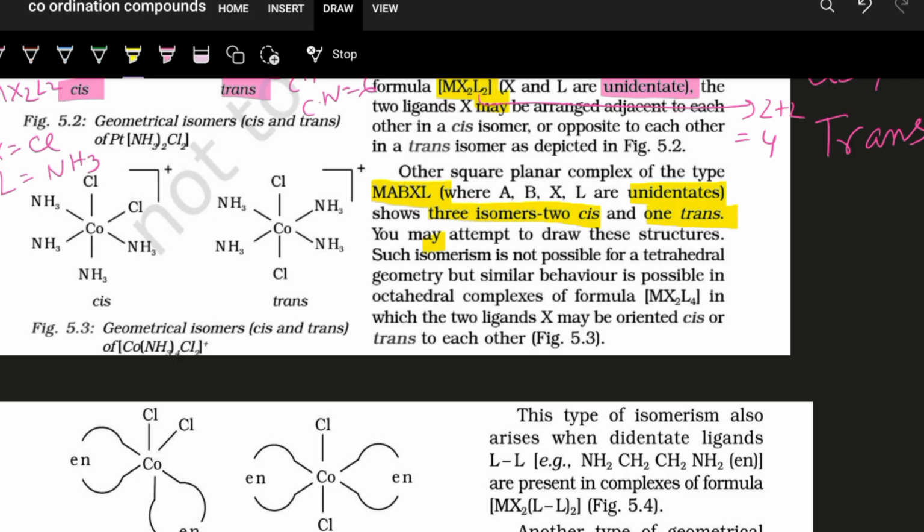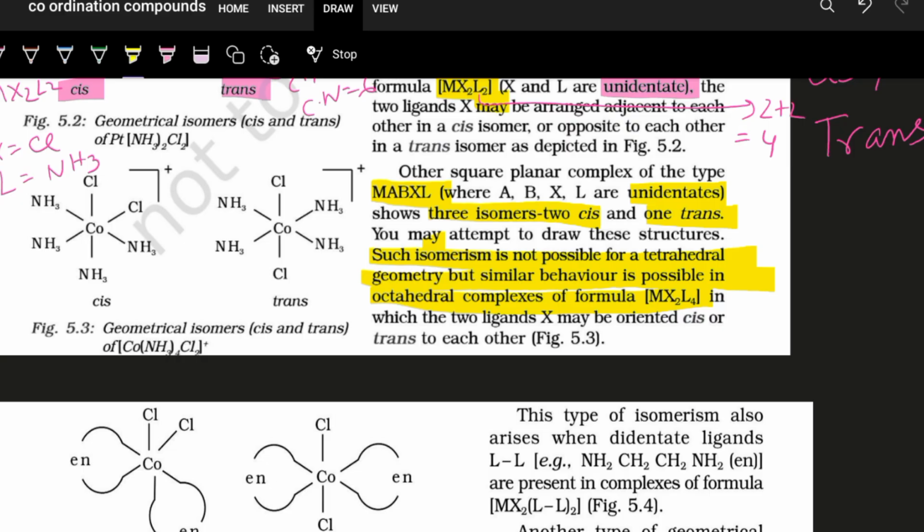Such isomerism is not possible for a tetrahedral geometry, but similar behavior is possible for octahedral geometry. You can try and check whether you are able to draw or not. Square planar complexes showing cis-trans are of MX2L2 type.